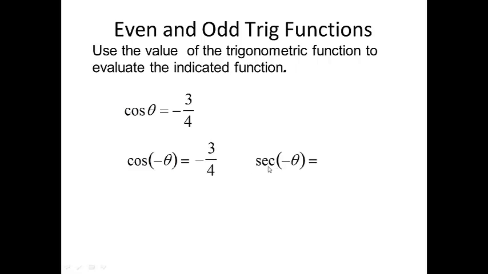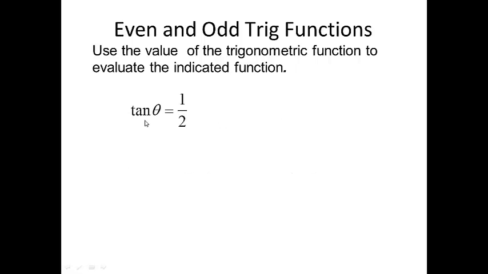What about secant? It's also an even function, just like cosine, so the negative sign here doesn't matter. Remember that secant is the reciprocal of cosine, and the negative sign doesn't matter. So it will still be -4/3 because it's a reciprocal of this, and the sign on the theta does not change the sign of the result.